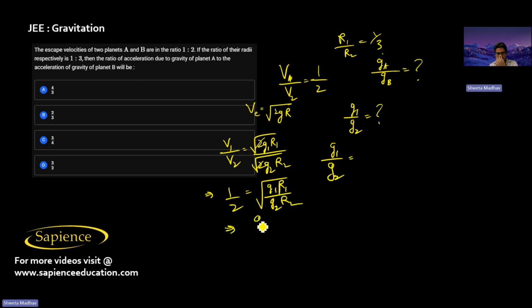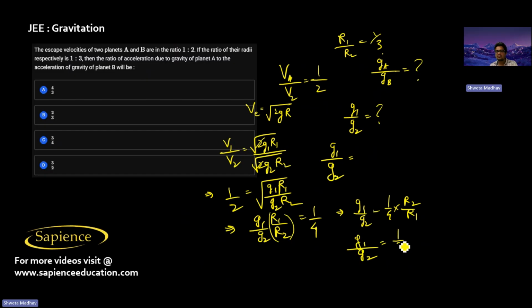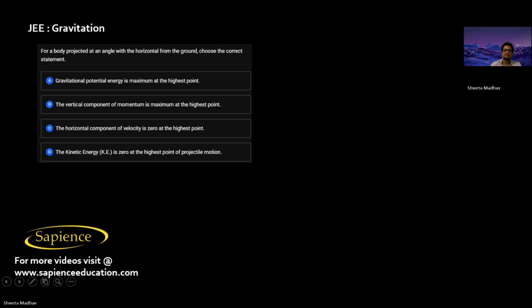So g1 by g2 into R1 by R2 is equal to 1 by 4, meaning g1 by g2 will be equal to 1 by 4 into R2 by R1. R2 by R1 is 3 by 1. So hence g1 by g2 will be equal to 1 by 4 into 3, which is 3 by 4. So the ratio will be 3 by 4, and option C is the correct answer.